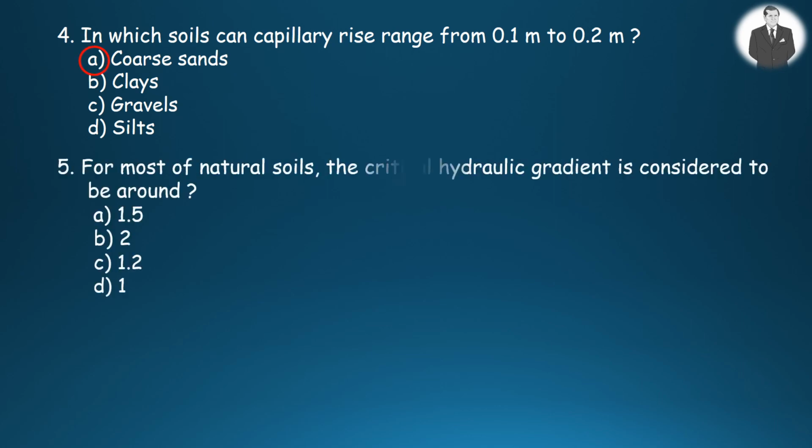The fifth question, for most of natural soils, the critical hydraulic gradient is considered to be around what? The answer is D. It is around 1.